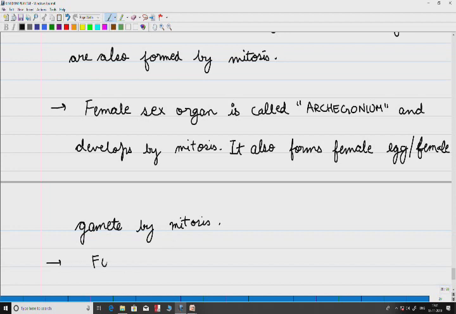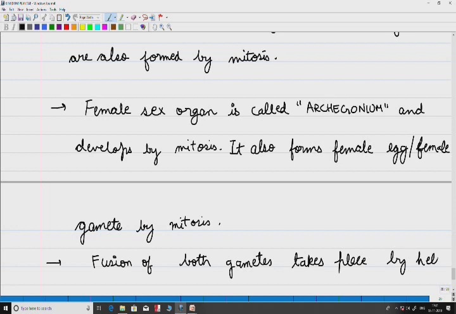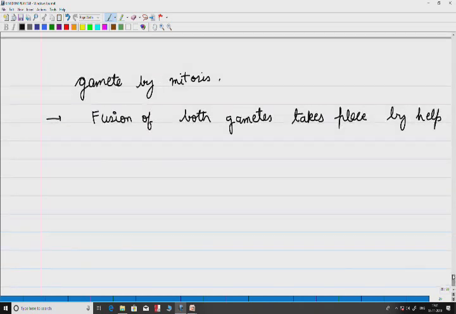Fusion of both gametes takes place with the help of water.